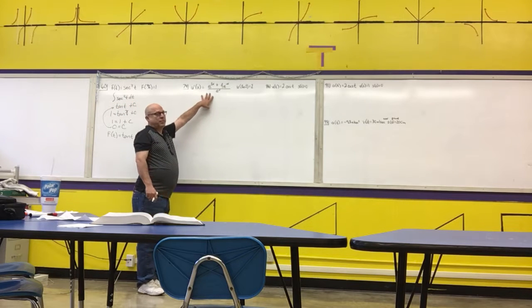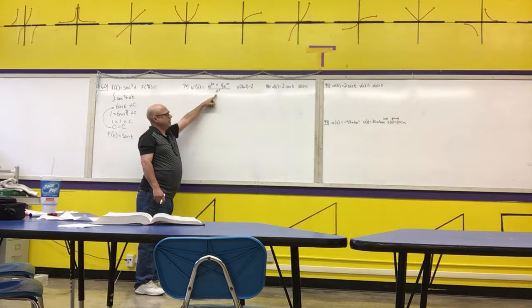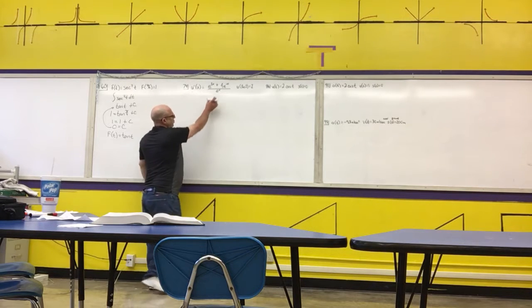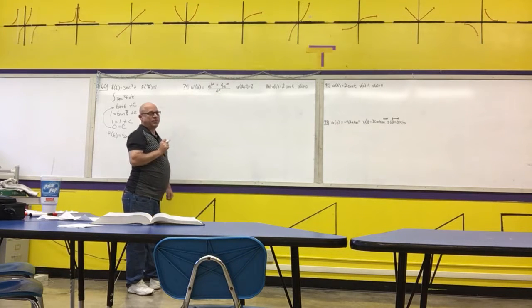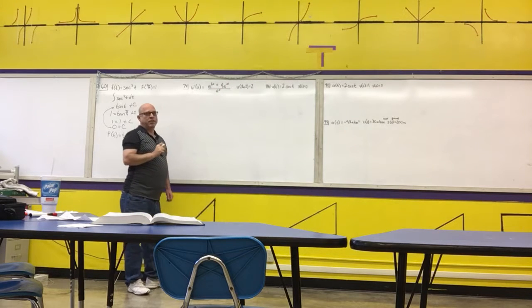This second problem that we have is number 74. We're going to find the antiderivative of e to the 2x plus 4e to the negative x over e to the x. When I write the antiderivative, I am going to write it by splitting up the fraction and simplifying so that we just have e's to powers and no fraction left.